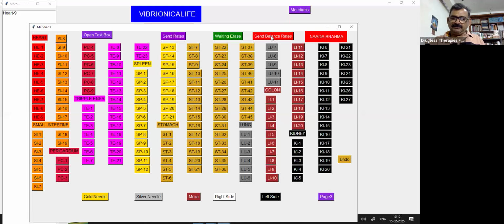Now H8 is the fire element of the heart. What is the fire element of the heart? Inflammation of the heart. Inflammation of the heart can be addressed by H8. Okay. Now erase, set the H8 and send the balance.